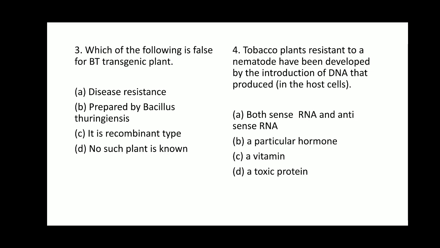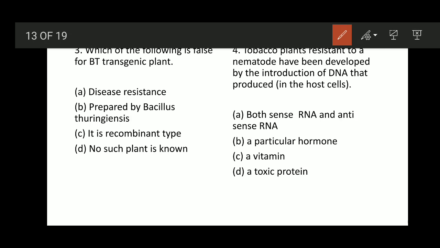Option C, it is recombinant type. Yes, transgenic plant is developed by recombinant DNA technology. So A, B, C are true for Bt transgenic plant, and option D, no such plant is known, is the right option, which is false about Bt transgenic plant.